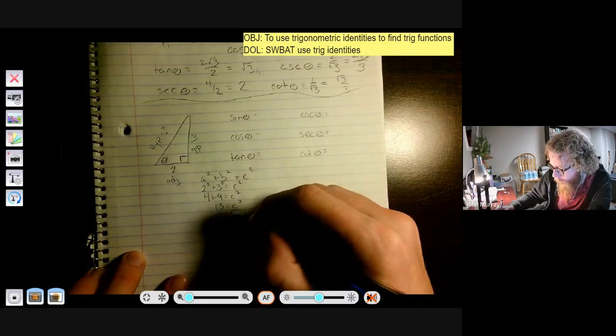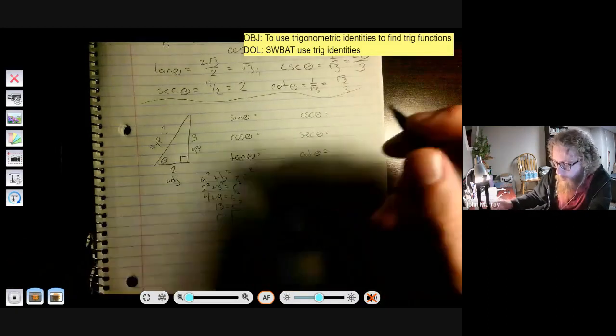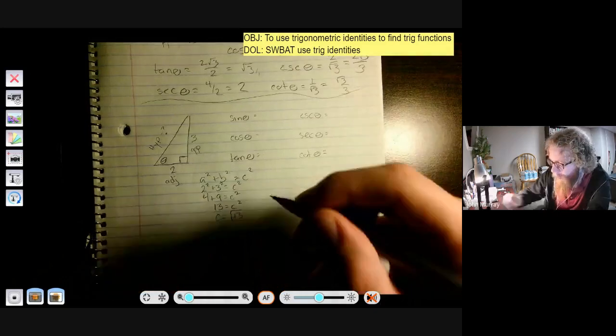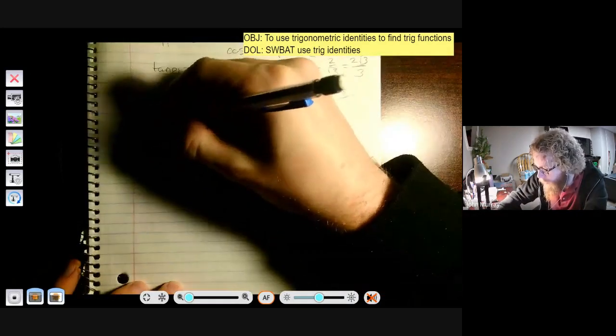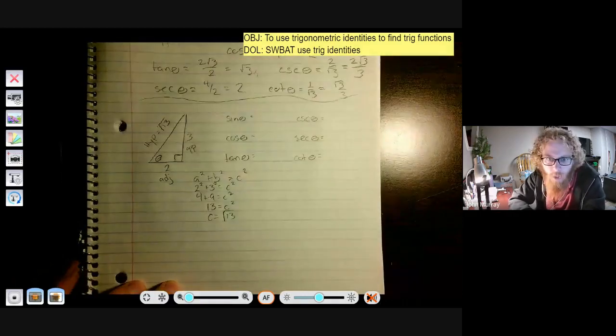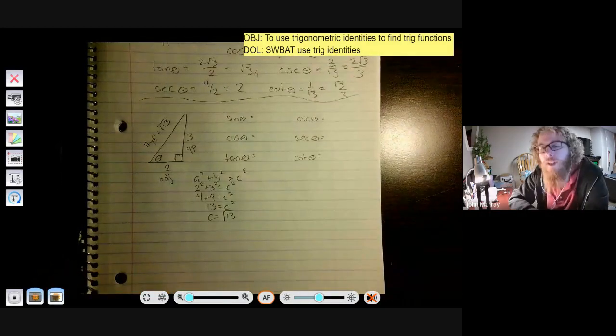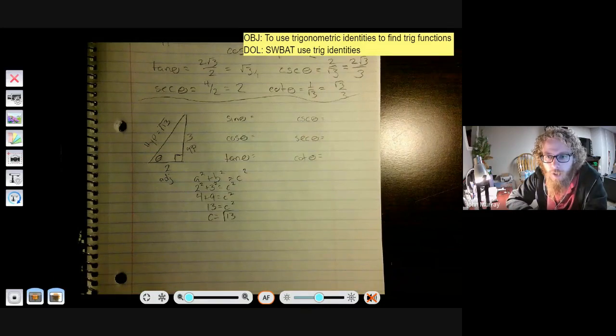We get c, or our hypotenuse, h, whatever name you want to call it, is the square root of 13. Like we said last week, we're going to keep it like that. I don't want to know the decimal. It's easier for us to keep it as a square root.